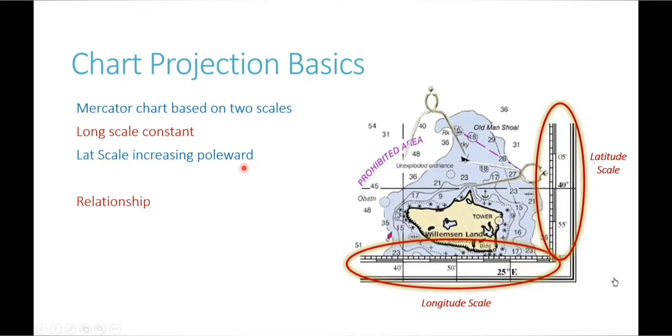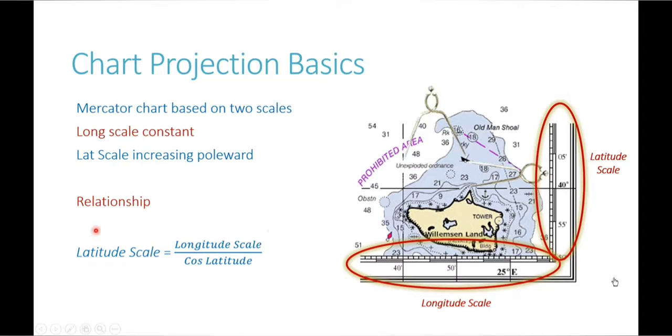Now we have a relationship between these two scales, that is the latitude scale and longitude scale. The Mercator projection is based on this relationship. So this relationship is the latitude scale is equal to longitude scale divided by cos of latitude.